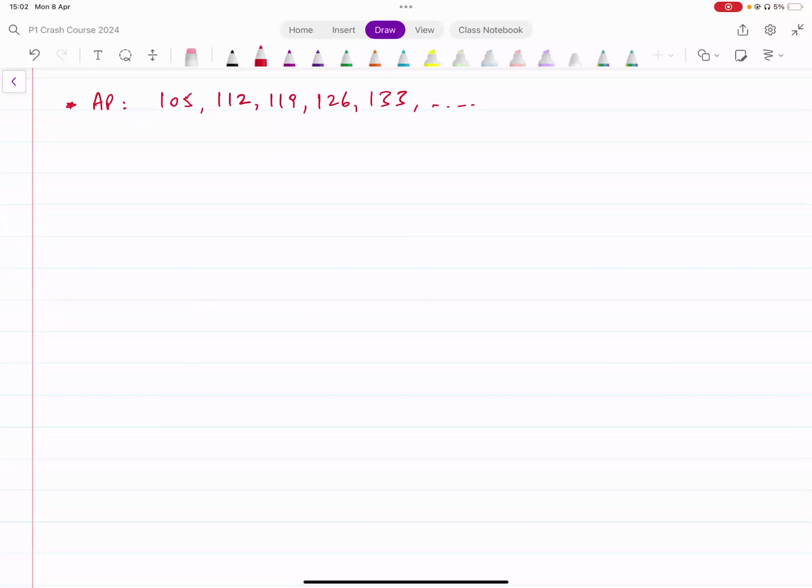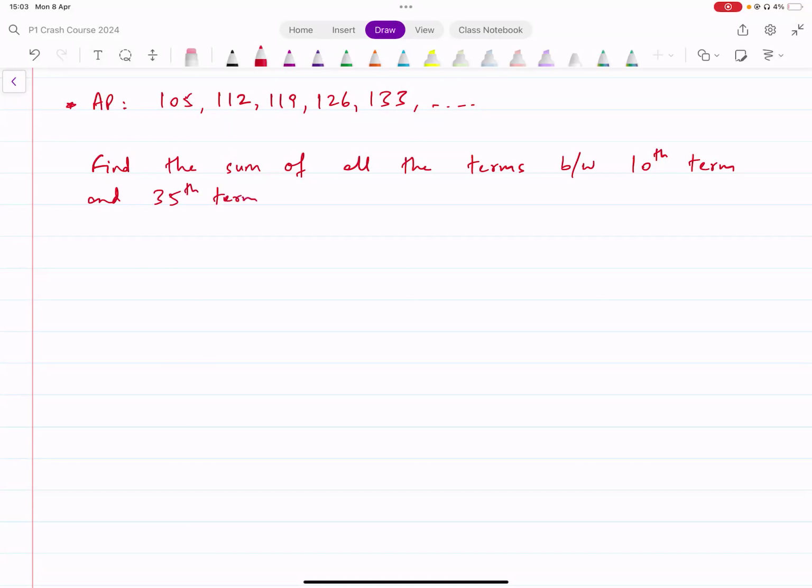And now what you want to do is find the sum of all the terms in the sequence between the 10th term and the 35th term, both inclusive.